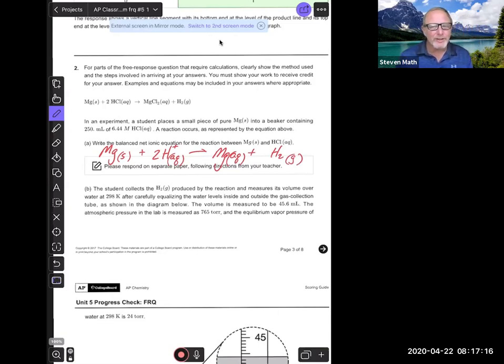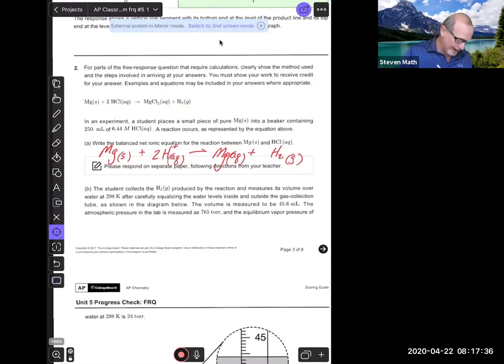It didn't say states of matter. I'm going to put them just because in a net ionic, we really should put those if we can. And this is following the same rules we followed all year. They gave us states of matter, so let's be polite and give them states of matter back. Do make sure it's balanced and we're okay here.